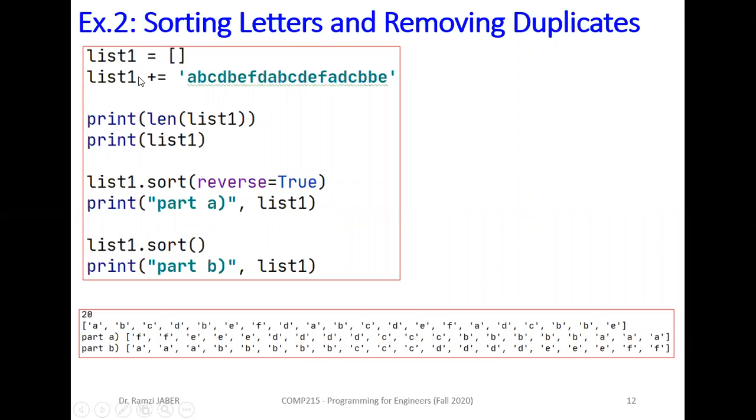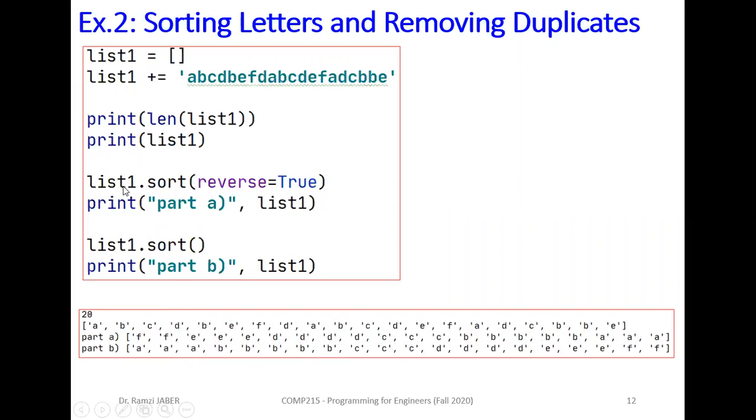So list1, your list, dot sort, reverse equal True. Reverse equal True means reverse order. As you can see, it's sorting F, F, E, E, E, E, D, D, D, D, D, C, C, C, B, B, B, B, A, A, A. As you can see, from F to A, with repetition of A, B, C, D, E, F.